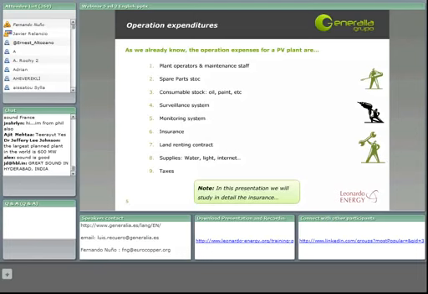The same happens with the monitoring system. It has a great influence on our plant profitability. A good monitoring system can be critical for the plant maintenance, allowing us to detect any incident just when it happens, so that we can repair it as fast as possible before it causes any serious production losses.